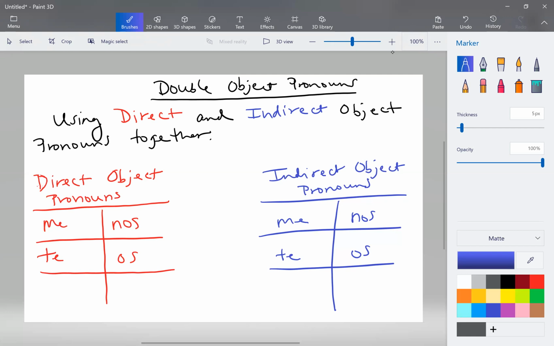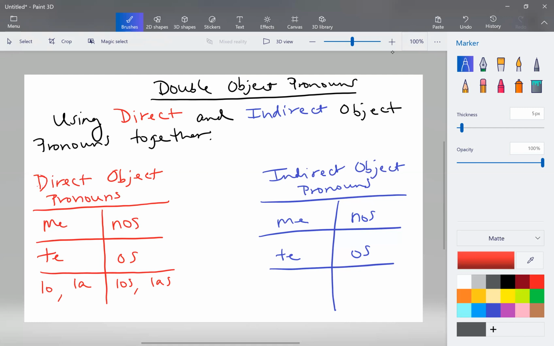Lo and los, for the direct object. Perfect. So we would have lo for masculine singular and los for masculine plural. What if it's feminine? La or las. Perfect.